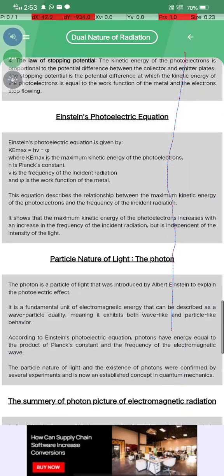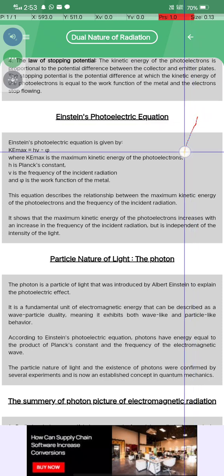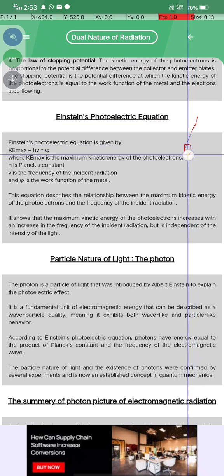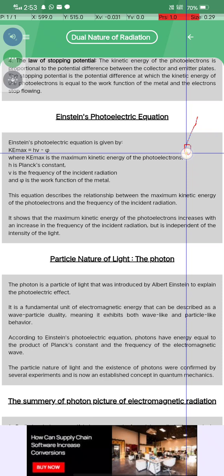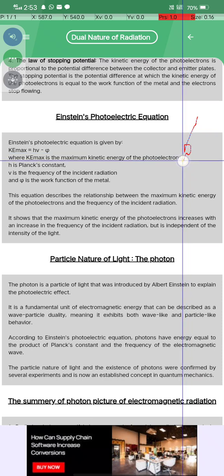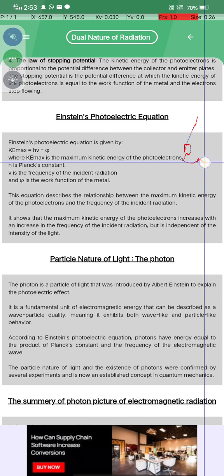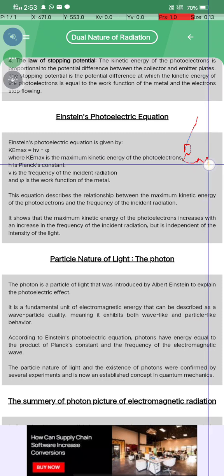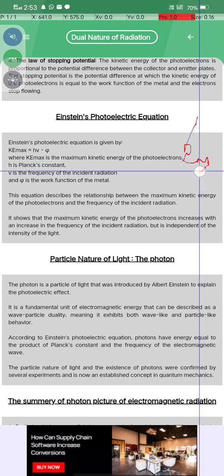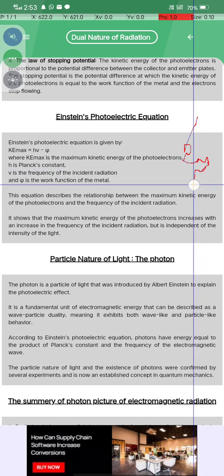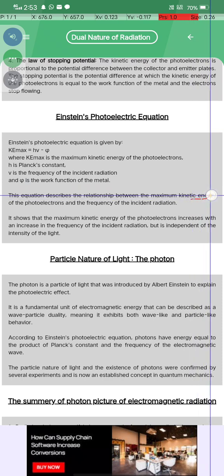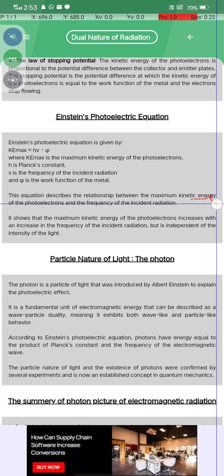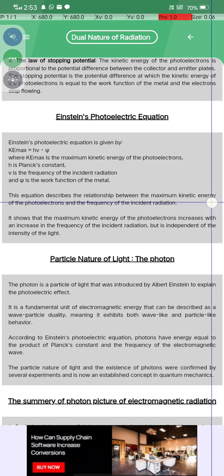After that, what is Einstein's photoelectric equation? Einstein's photoelectric equation is given by K max = h nu minus phi, where K max is the maximum kinetic energy of photoelectrons, h is Planck's constant, nu is the frequency, and phi is the work function. This equation describes the relationship between the maximum kinetic energy of the photoelectrons and the frequency of the incident radiation.